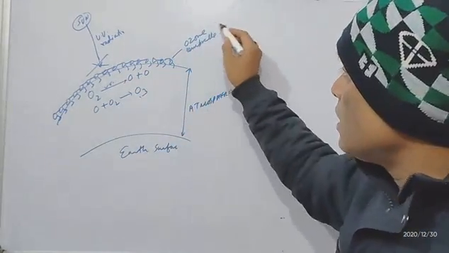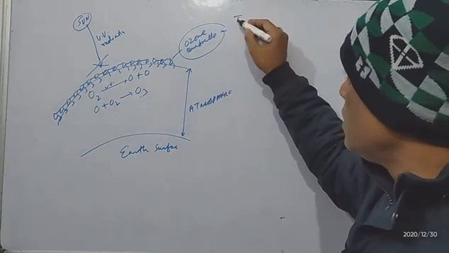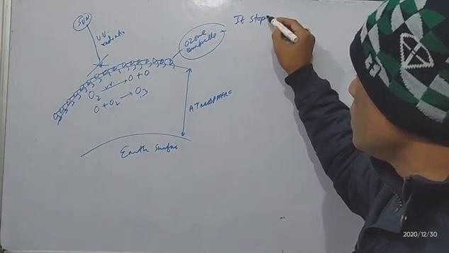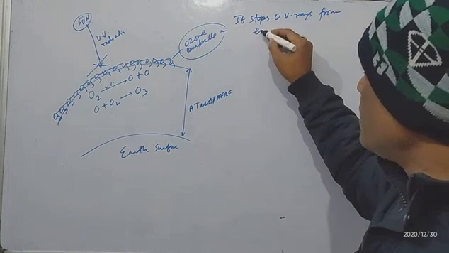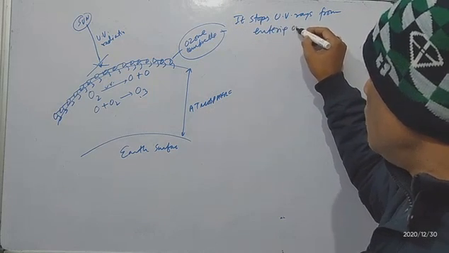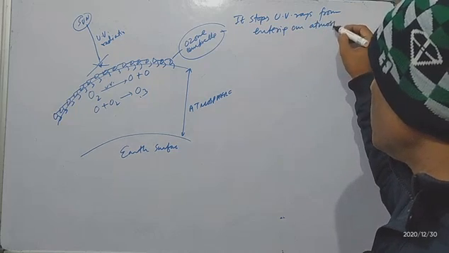ये ओजोन लेयर करता क्या है? अभी जो बात की, it stops the UV rays from entering our atmosphere.